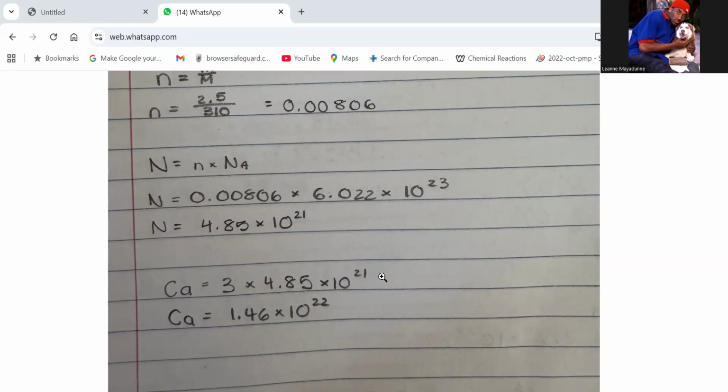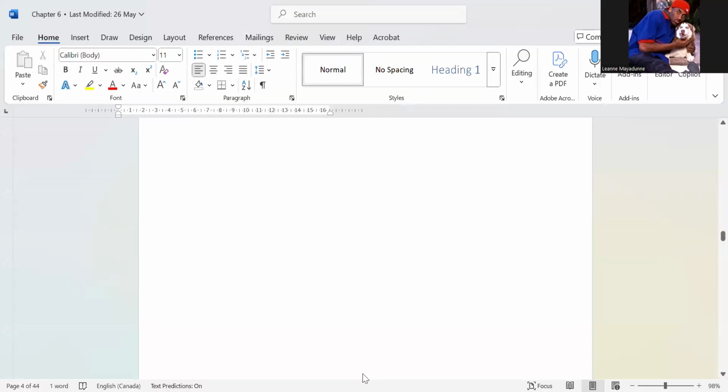Okay, after that, you wrote down the formula that I gave you, right? The conversion, moles to mass. Reconfirm, the formula that I gave you was: if you have mass, you convert that to moles.